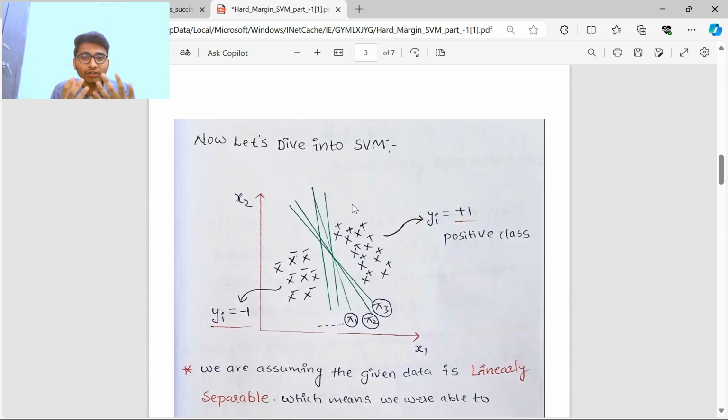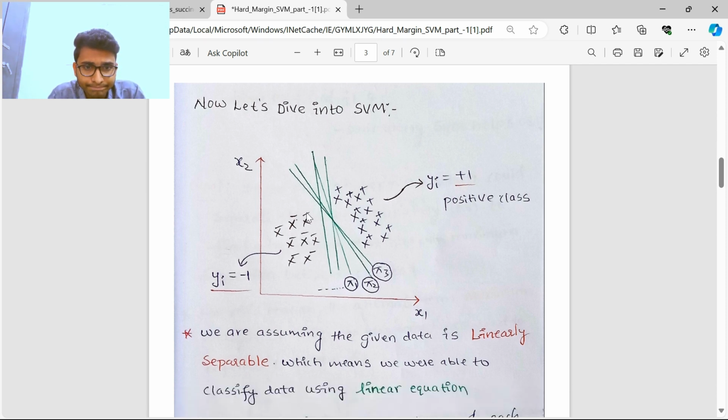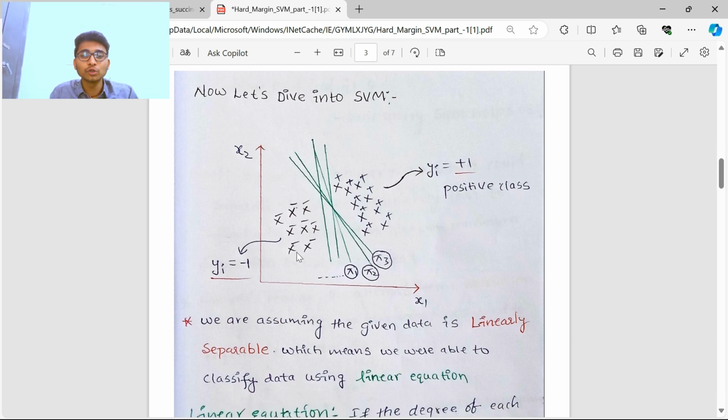What does SVM actually solve? See, we have two classes, the positive class and the negative class. Positive class on the right side with plus symbol. I hope you can see the screen very clearly. And the negative class on the left side, and our aim is to classify this data. How many lines or hyperplanes?